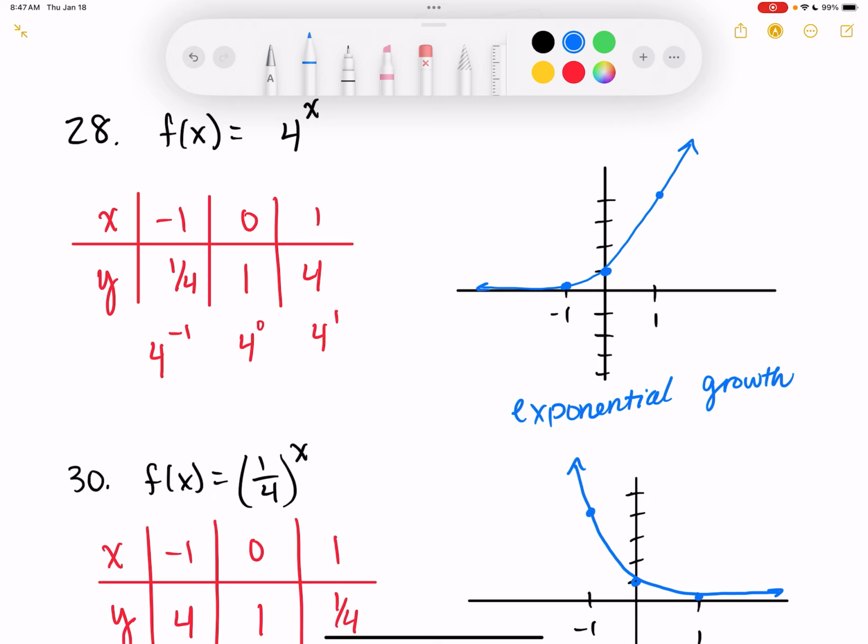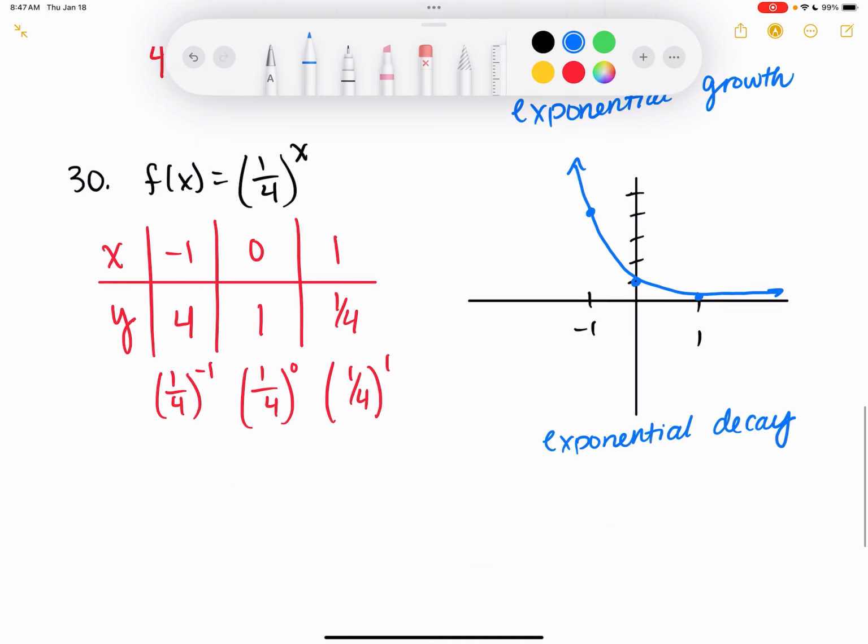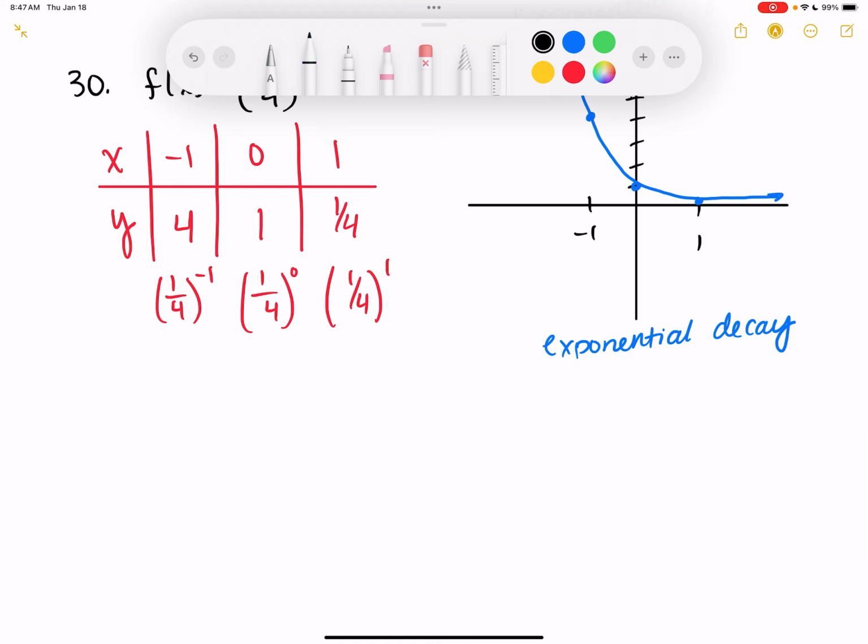Let's look at 32. F of x is equal to 5/3 raised to the x.